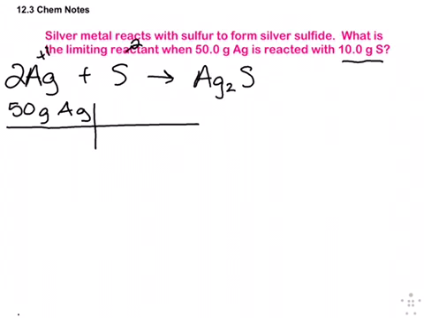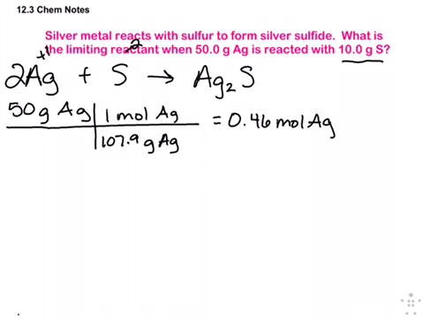So you do that with 1 mole of silver to the mass of 1 mole of silver from the periodic table, 107.9 grams. And that will get you 0.46 moles of silver.